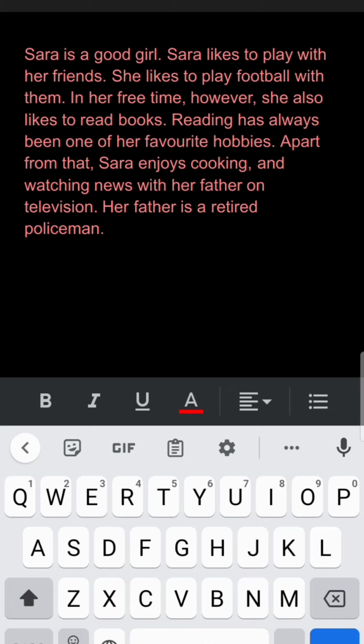Students, I am writing a paragraph in present tense, and later on we'd be changing this present tense paragraph to past perfect. So let's get going.